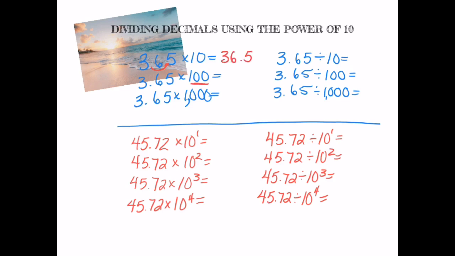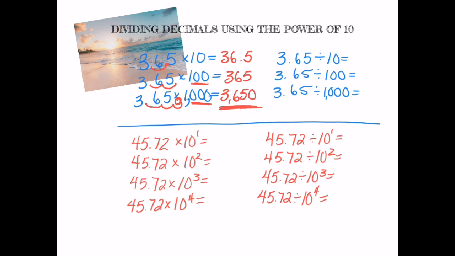This one, we move twice to the right, 1, 2, which becomes 365. This one is 3,650 because I have to move it 3 places, 1, 2, 3, and add my 0 in there. This is super important: think about why we're doing it, not just doing it.